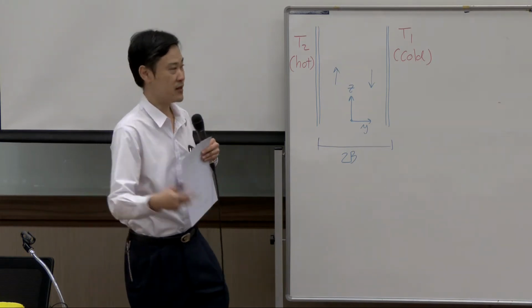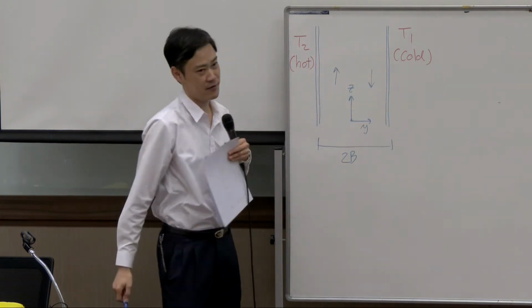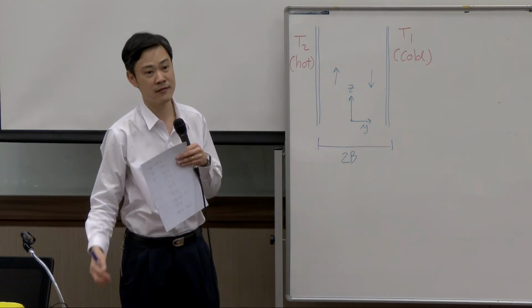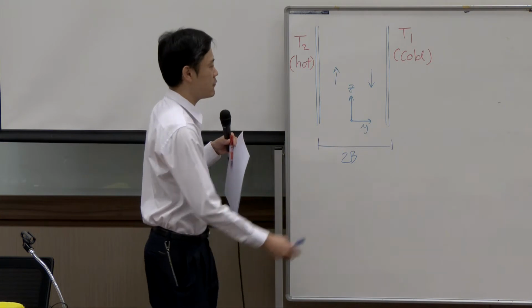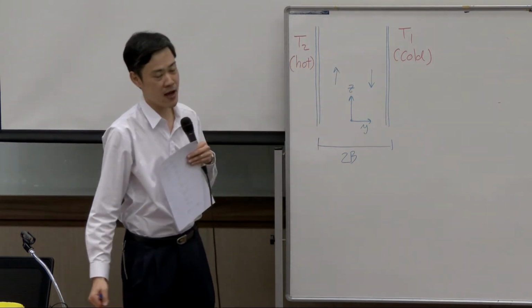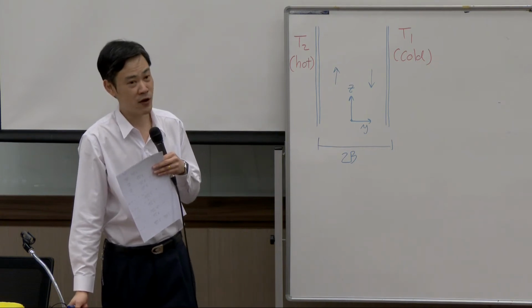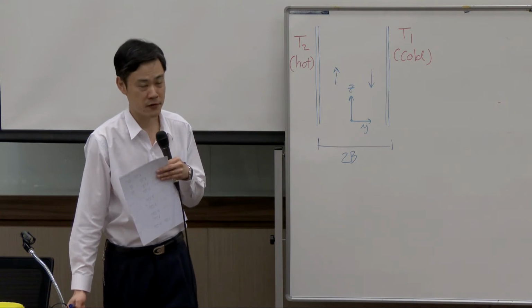So in reality, the temperature profile here is supposed to be nonlinear if you're taking into account the movement of the fluid. Okay? So this is the same situation that we have momentum transport and energy transport at the same time. The question is, we cannot solve them simultaneously. Which one should be solved first?